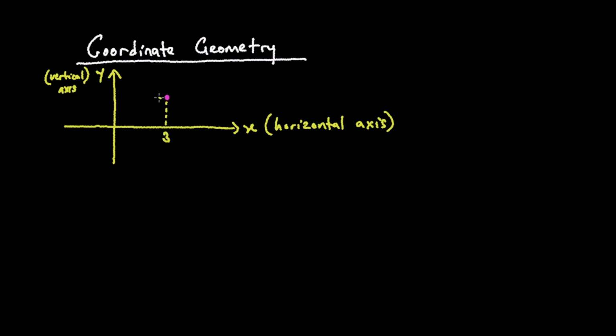Then we find out what its y value is, here we can say it is 2. So the position of this point, call it A, will be 3, 4. 3, 2, sorry. So this is how we name positions: A, X, Y.